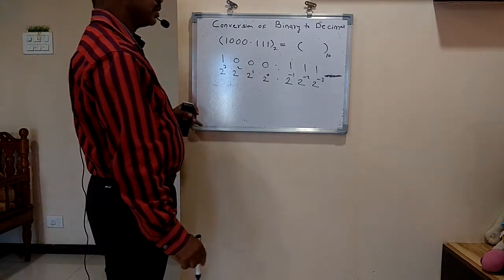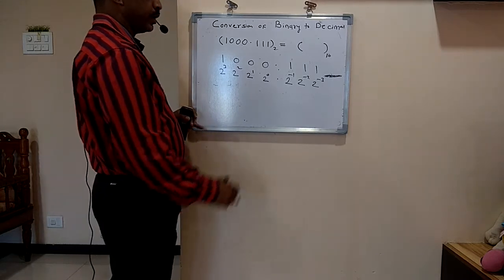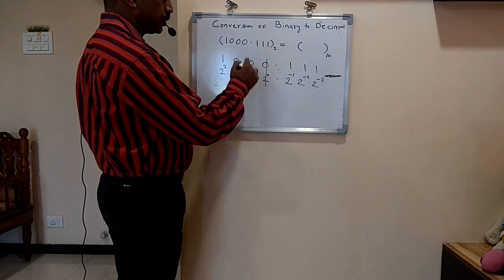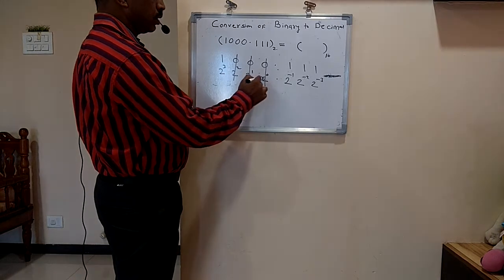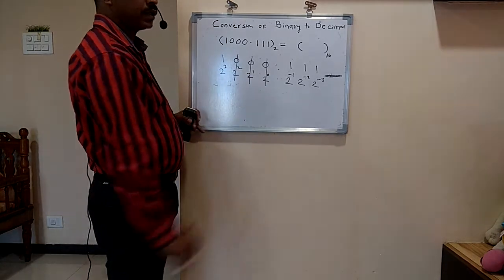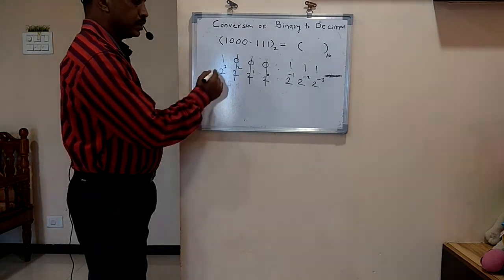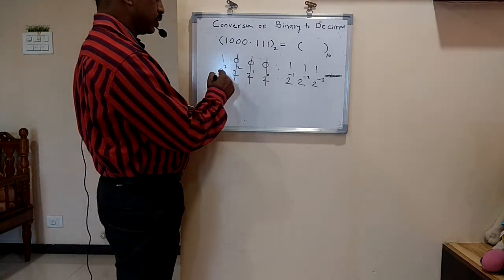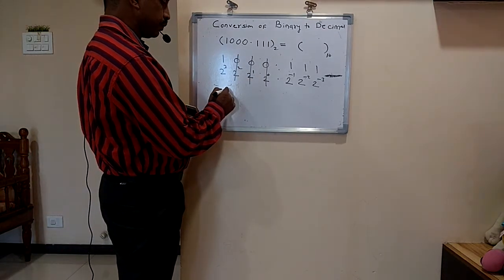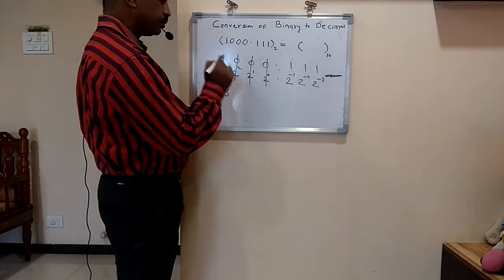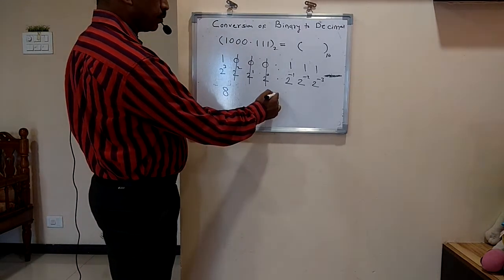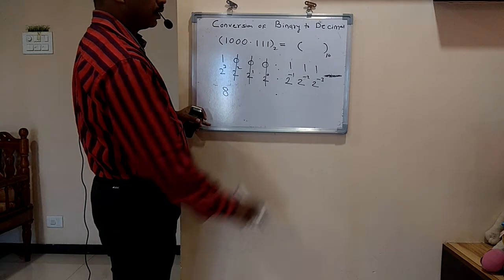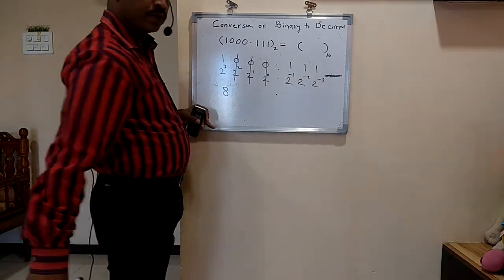Next step, discard 0 and its corresponding binary weight. The 0, 0, 0 and the corresponding binary weights, we discard them. Next, write down the value of the binary weight of that particular number. 2 raised to power 3 means 8. Next, here 3 fraction numbers are there.